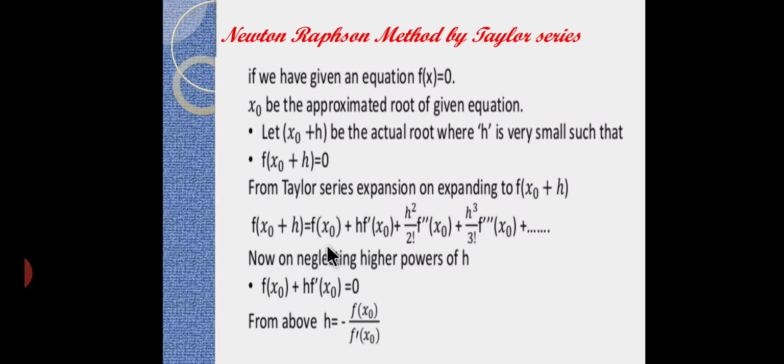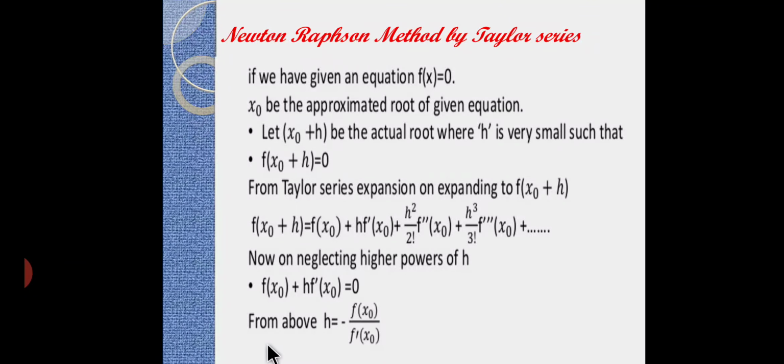So f of x naught plus h can be written as f of x naught plus x minus x naught into f dash of x naught plus x minus x naught whole square by 2 factorial into f double dash of x naught plus x minus x naught whole cube by 3 factorial into f triple dash of x naught. Here we neglect higher order terms. Why? Because h is a very small number, the powers of h are very small, so we neglect higher order terms.